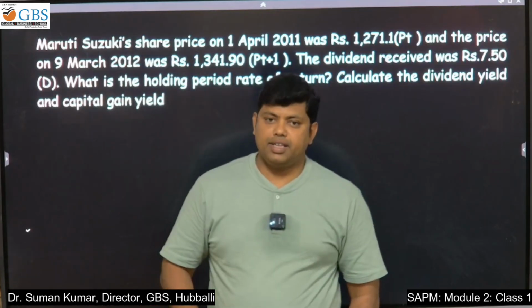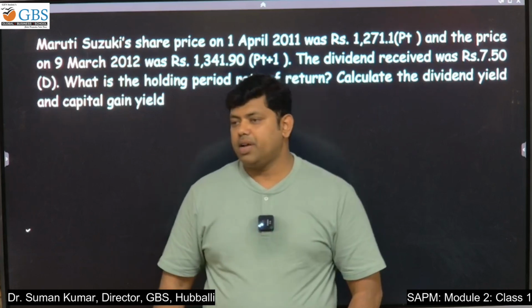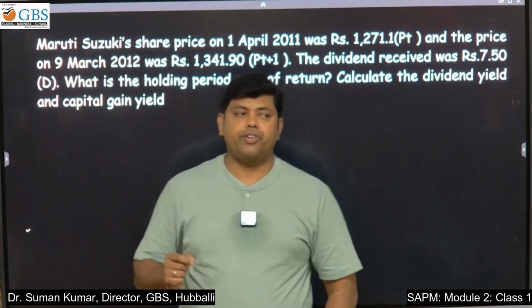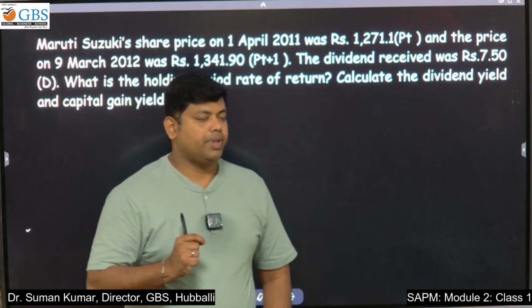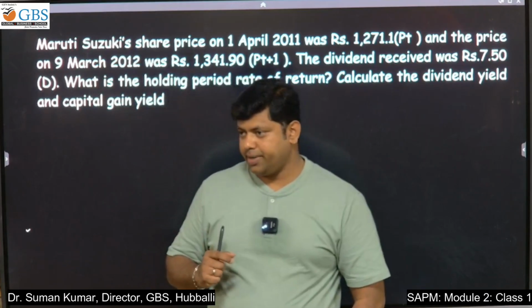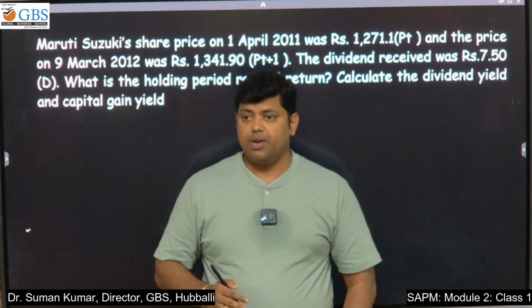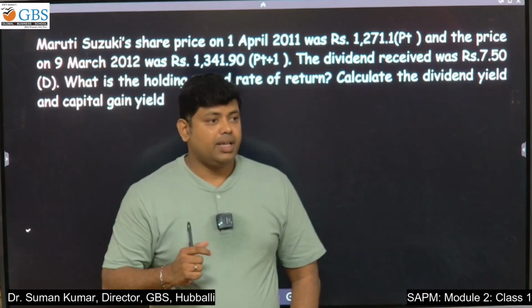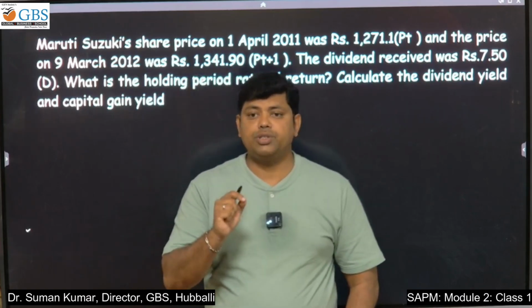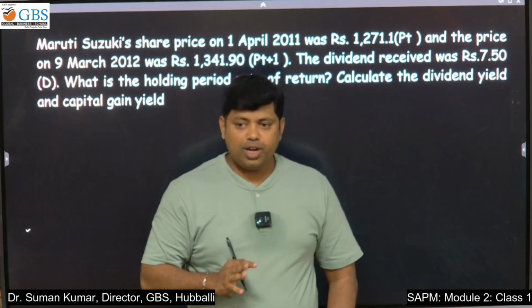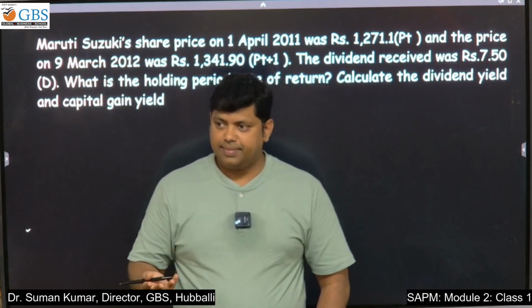Let me take a small, easy problem to show how to calculate the rate of return on a stock, which is also called holding period return. What do you mean by holding period? It is the duration for which you hold those shares, and that is called holding period return.